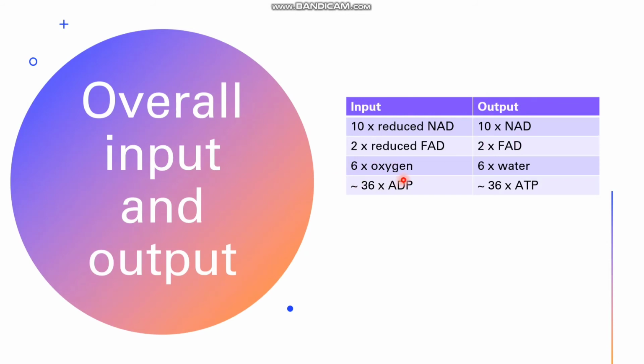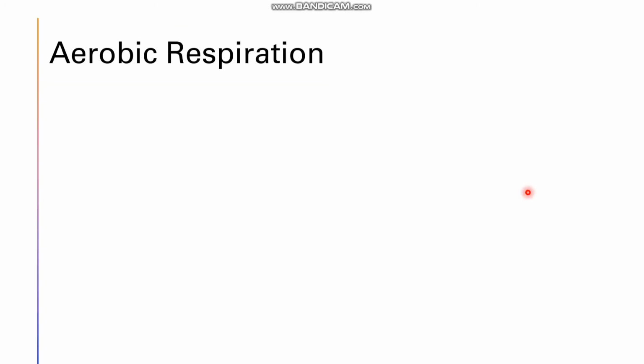We have 6 oxygen molecules as our final acceptors of electrons, meaning we can form 6 water molecules by combining these reduced oxygens with H+ ions. And we also have approximately 36 ADP molecules that we input to be phosphorylated to form approximately 36 ATP molecules.